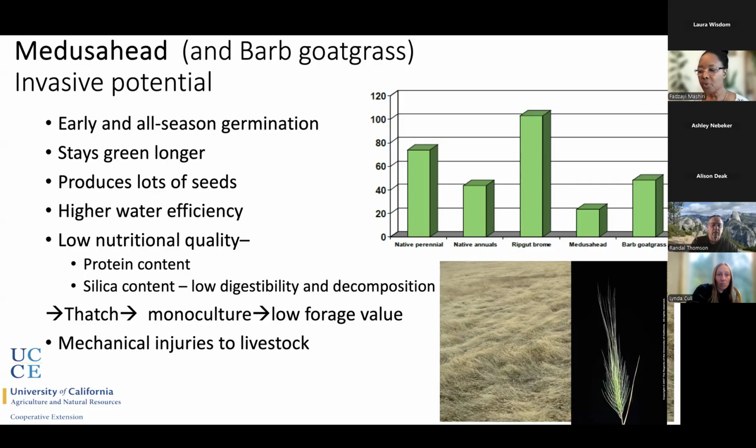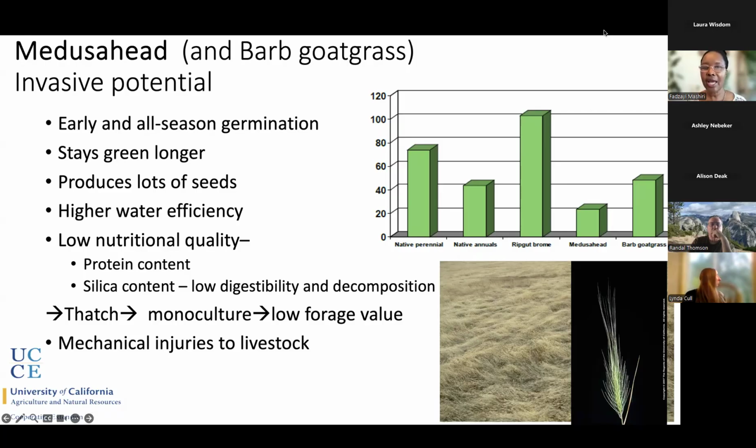Germinating early in the season gives them the advantage to take advantage of the nutrients in the soil and establish their roots before competition from other grasses or plants that germinate later can even establish.